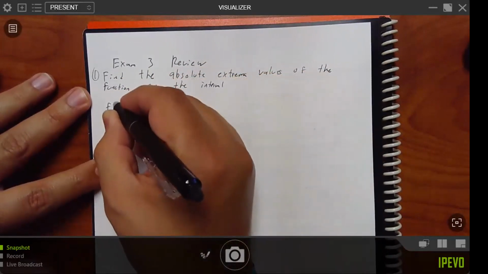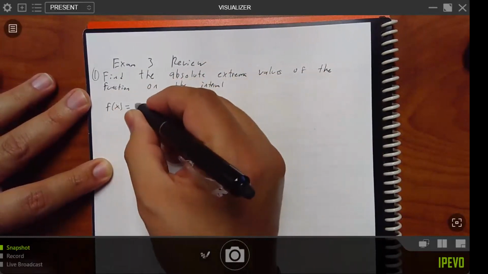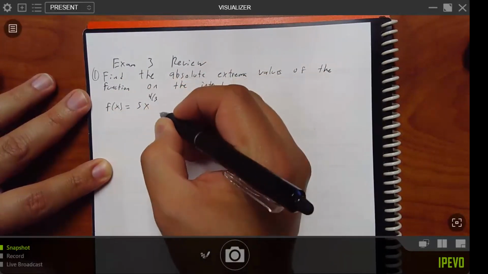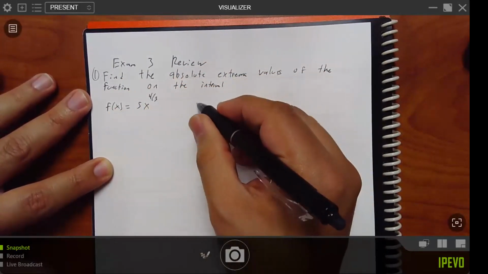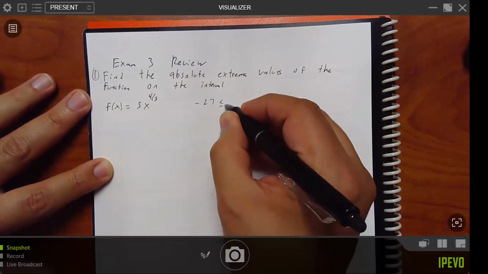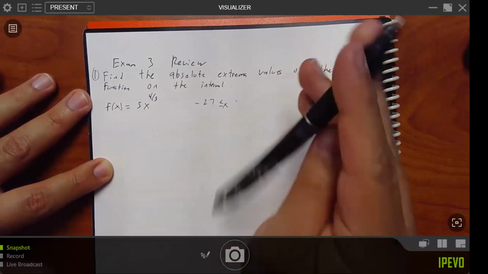So they give me f equal to 5x to the 4/3, and the interval they give me is negative 27 all the way up until 8.